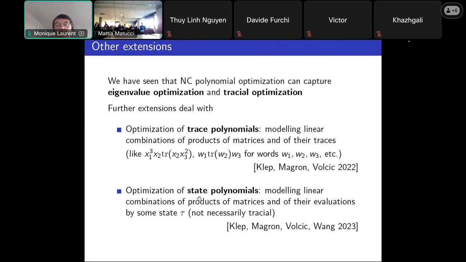And even more general are so-called state polynomials, where instead of just having traces, you allow arbitrary states, not necessarily tracial. So this non-commutative setting opens up the way to many interesting generalizations. And these two papers also have applications to certain problems in quantum information.